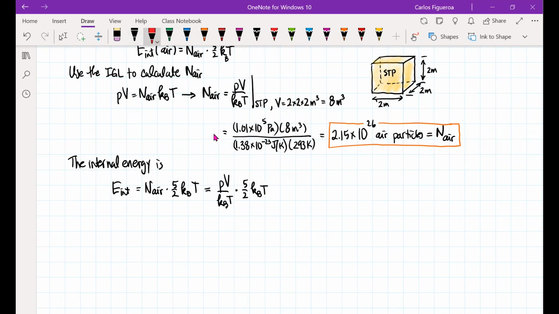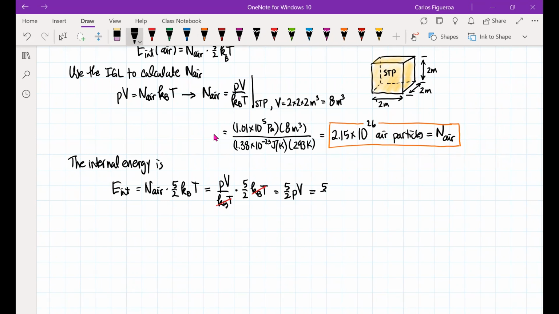You can see that cancels with that, and you get this relationship. The reason why I didn't do this is that I'm going to need the number of particles later on. But under normal conditions, I would have done this immediately.